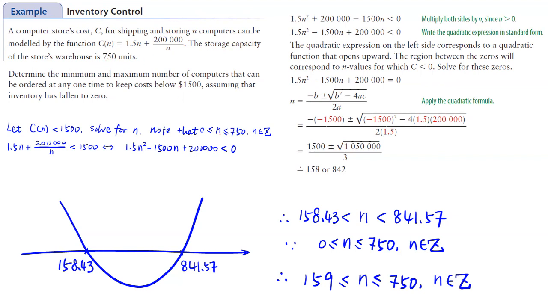So n cannot exceed 750, right? And of course, because n stands for the number of computers, n must also be an integer.